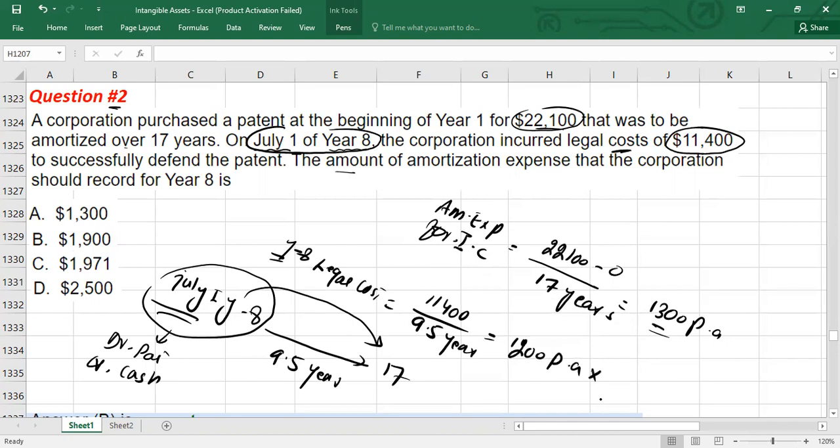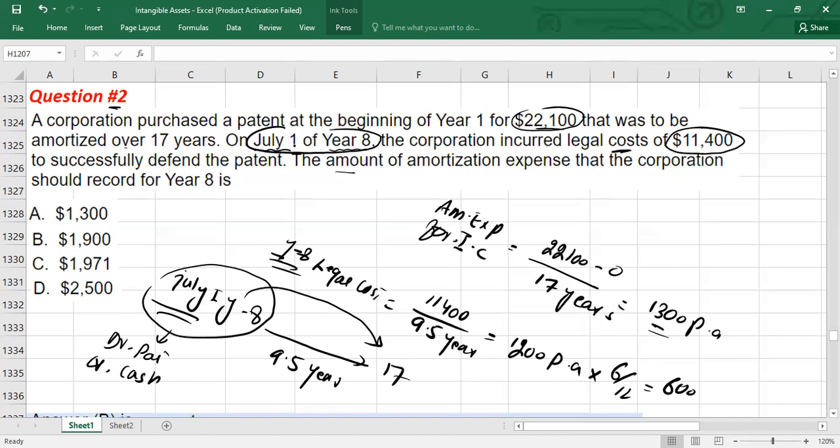But here I need only amortization for 6 months, because we capitalize on July 1. So we need only 6 months, from July till December. So 6 over 12, for 6 months your amortization expense is going to be 600.